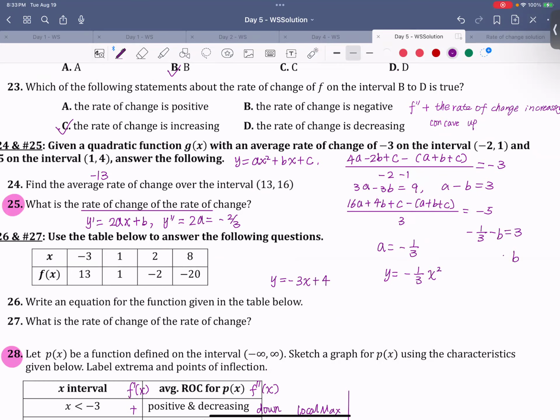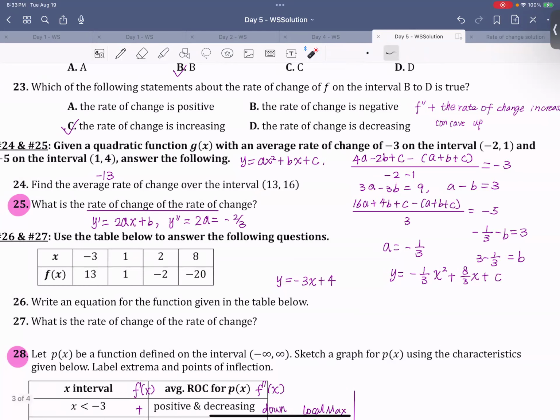So b equals 3 minus 1/3, so this is plus 8/3x plus the c value. The rate of change is using this trick.